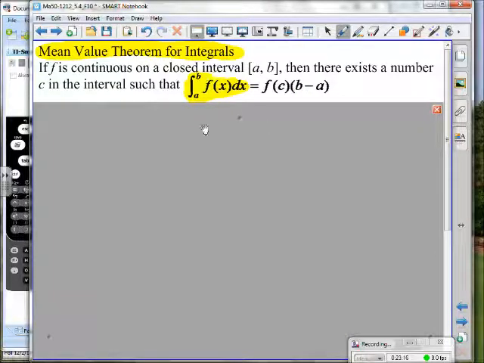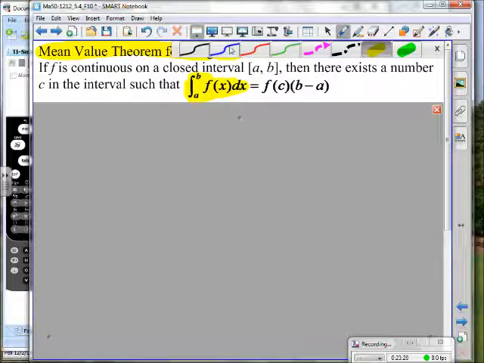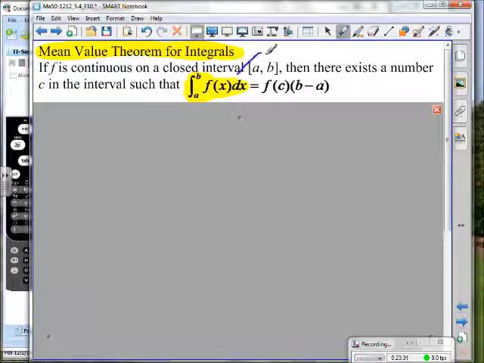Not when you have a to b. The what? Area under the curve, okay, f of x from a to b. So this now is our, we know this to be our area under the curve.